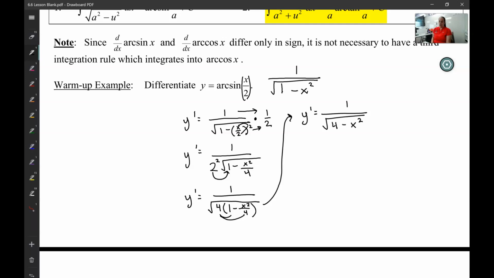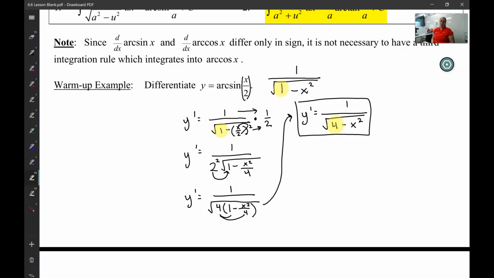So notice now that this rule now has numbers, whereas before we only memorized the rule with a 1 there. If I simplify it with chain rule, I do get that there can be other numbers there.